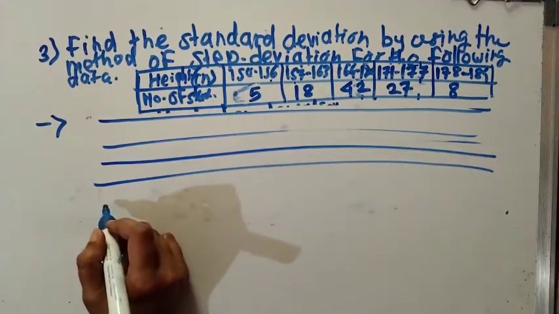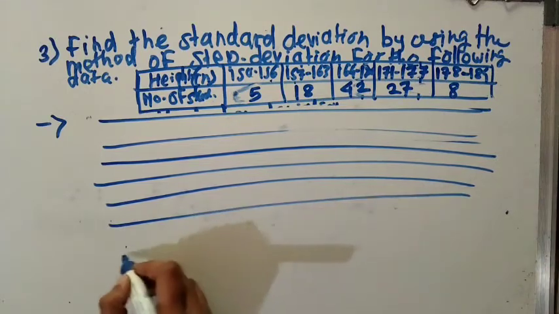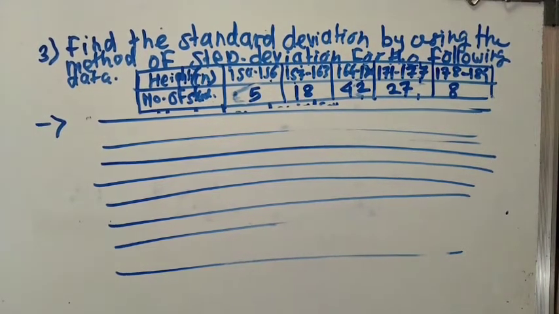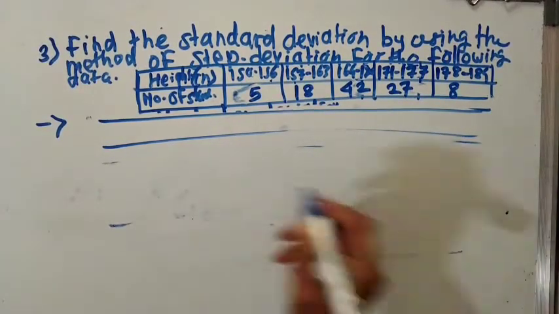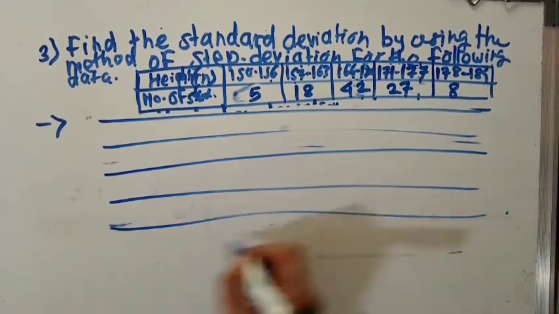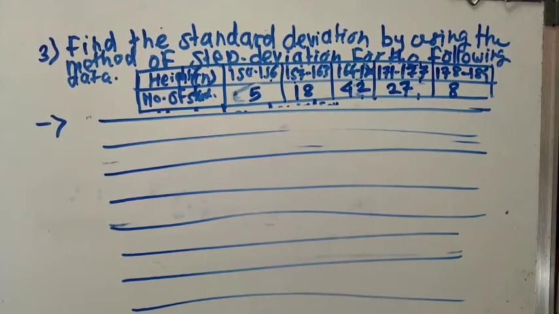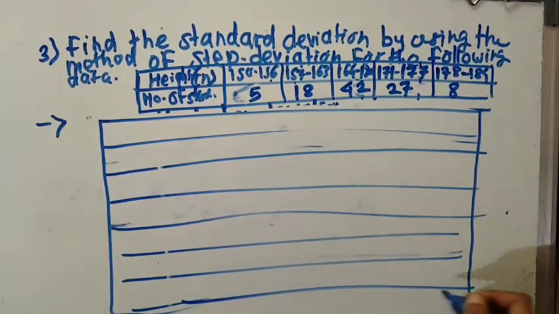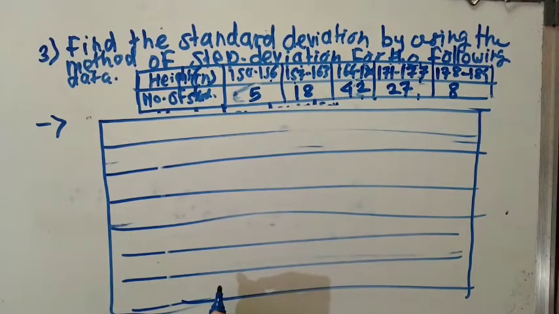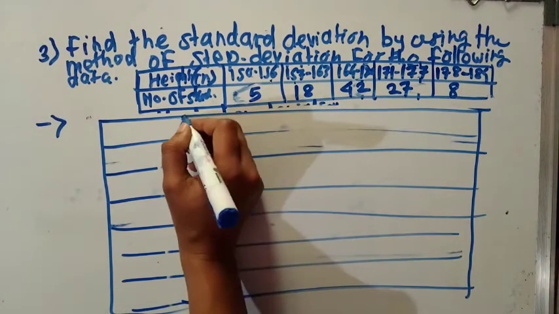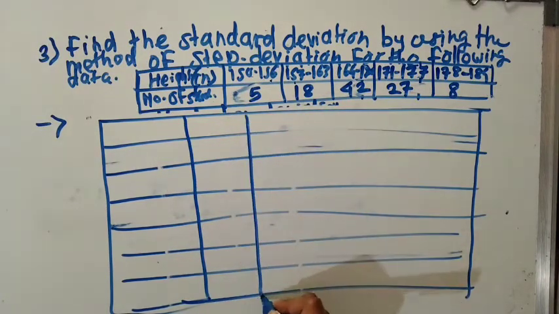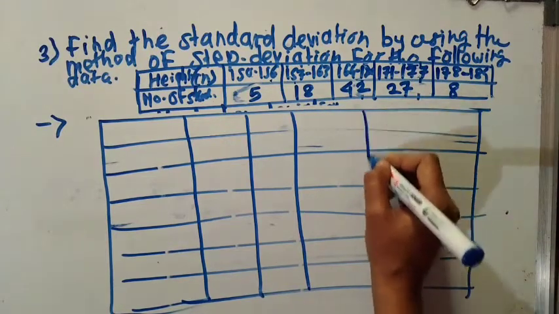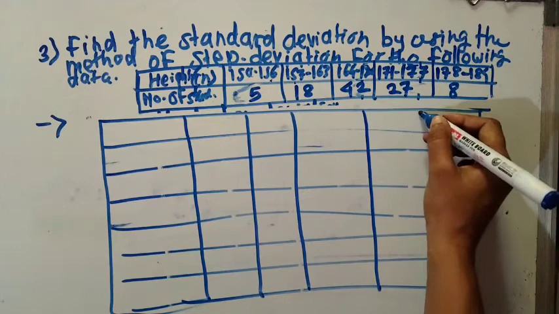First, this is the class interval, then fi, then xi, find out di, then fi into di.